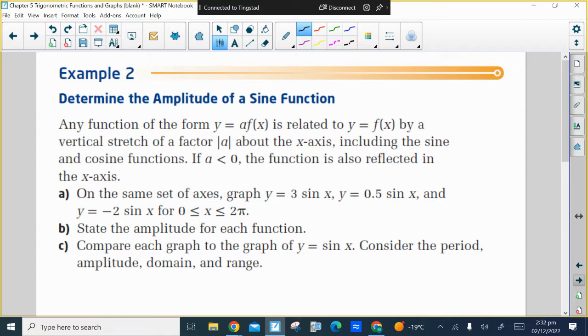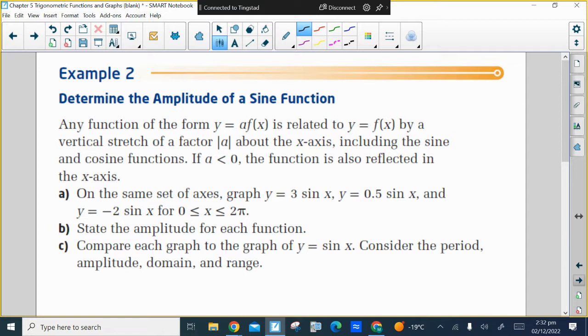This is no different than what we did before. That stretch is about the x-axis, including sine and cosine functions. If a is less than 0, then there's a reflection over the x-axis. Again, no different than what we did in chapters 1, 2, and 3. But the stretch factor is the absolute value of a.